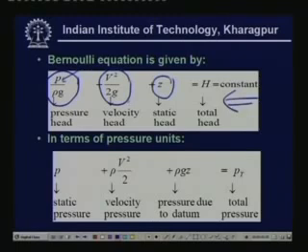You can also write this equation in terms of pressures. That means you can write this in terms of pressures as static pressure P, velocity pressure rho v square by 2 and pressure due to datum. So, Bernoulli equation when written in terms of pressure states that the static pressure plus velocity pressure plus pressure due to datum, called the total pressure, remains constant under the assumptions stated earlier.